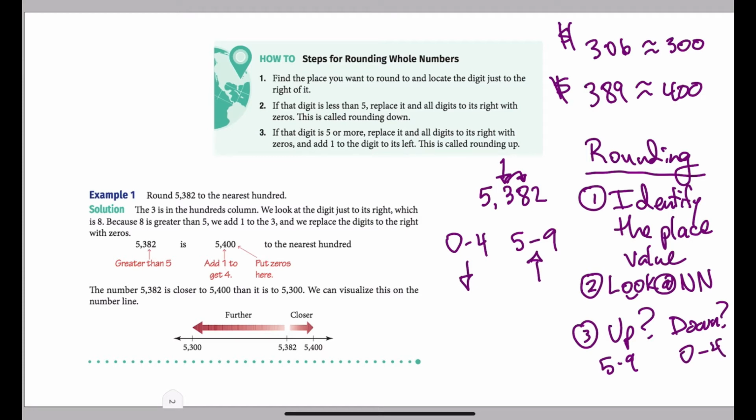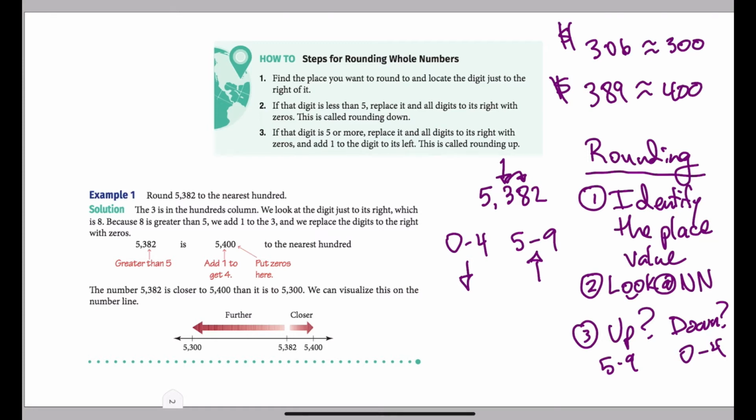So the first 5 digits, 0 through 4, that'll round us down. That's closer to, say, $300, $310, $320. Those are all closer to 300 than to 400. But 370, 380, 390, these are all getting closer to 400.